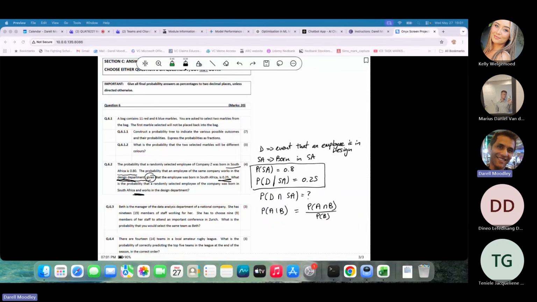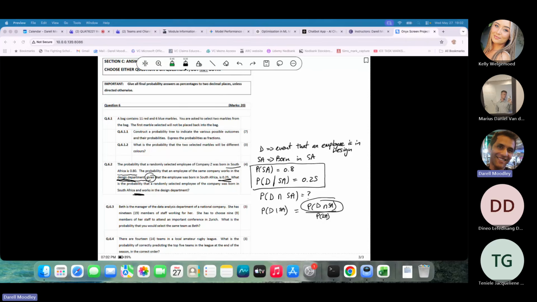All I need to do is replace the A and B. So B will be SA. D will be A. And this is SA and D. And I just need to rearrange this because I need to solve this.